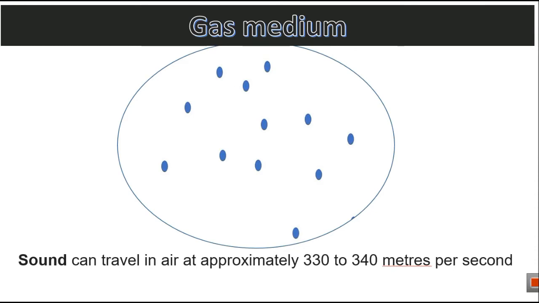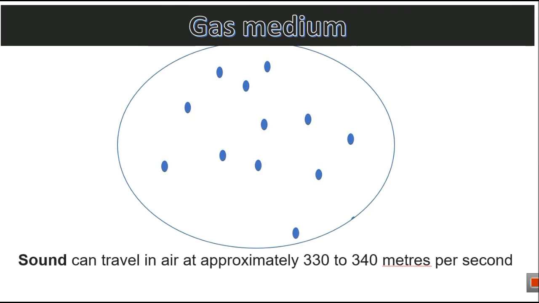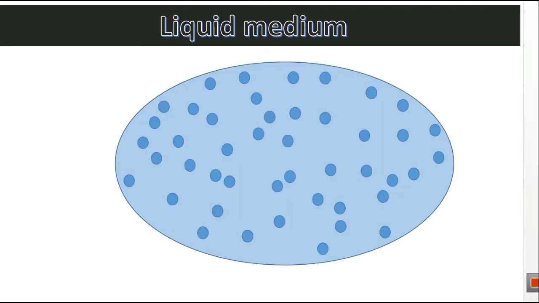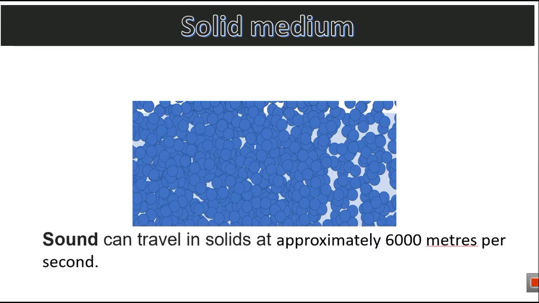So it has to be fast enough in solids, because in gas the particles are a bit far away from each other, whereas in liquid the particles are slightly closer compared to gas, and in solid the particles are very close, and here the vibrations will definitely transfer faster because they are very close, and therefore sound can travel in solids at approximately 6,000 meters per second as compared to 300 to 400 meters per second in air, right?